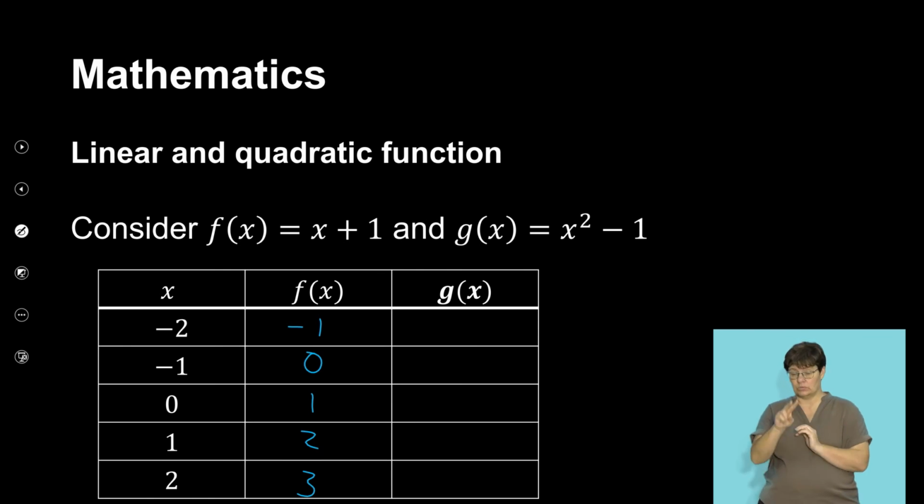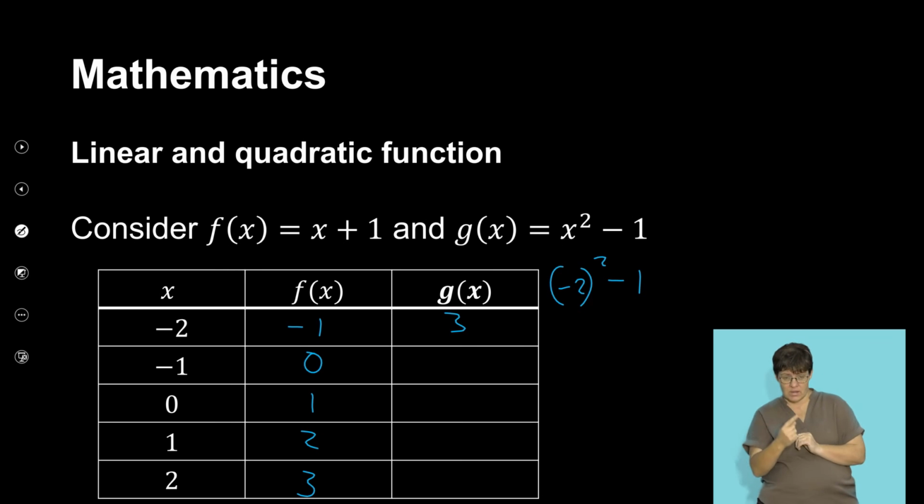For g, if it's minus 2, it will be negative 2 squared minus 1, right? Which will be 4 minus 1, and that is 3. And then negative 1 squared will be positive 1 minus 1, that gives me 0. And then 0 squared minus 1 will be minus 1. And then 1 squared minus 1 will be 0.